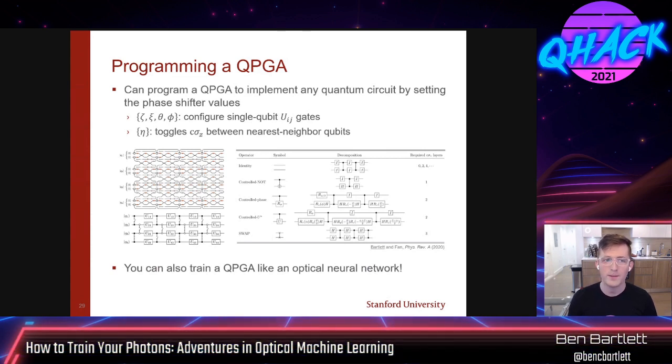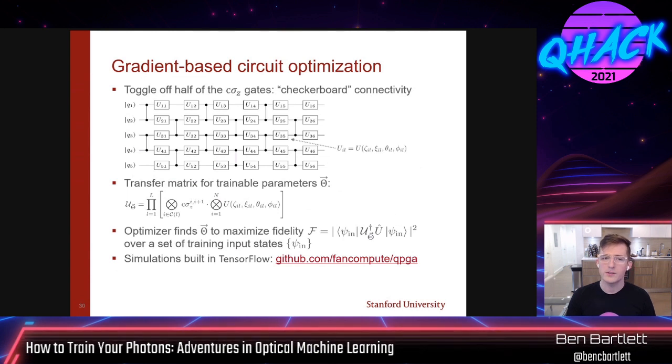But what I want to talk about here is that you can also train a QPGA just like you would an optical neural network to implement quantum operators. So to do this, you can just toggle off half of the nearest neighbor CZ gates between qubits to create this checkerboard style connectivity, where half of the CZ gates are disabled.